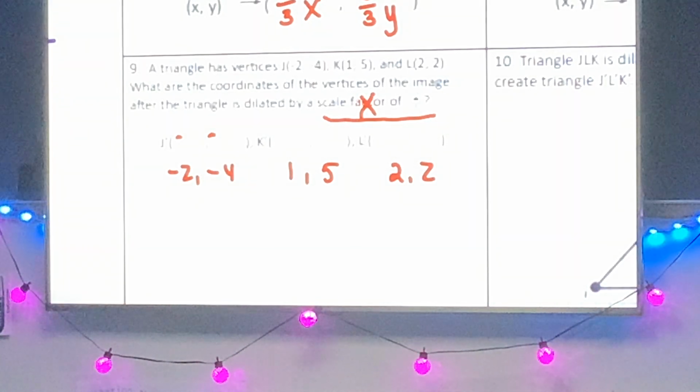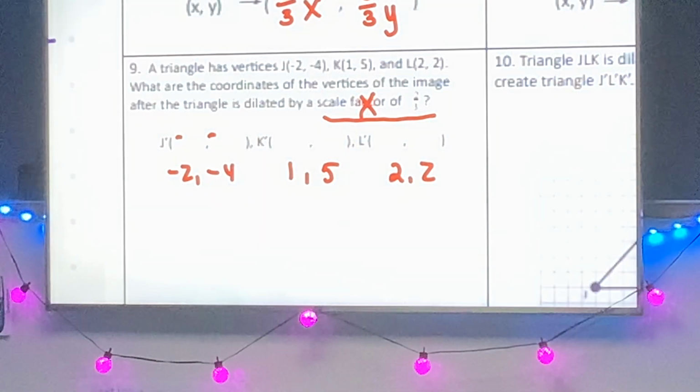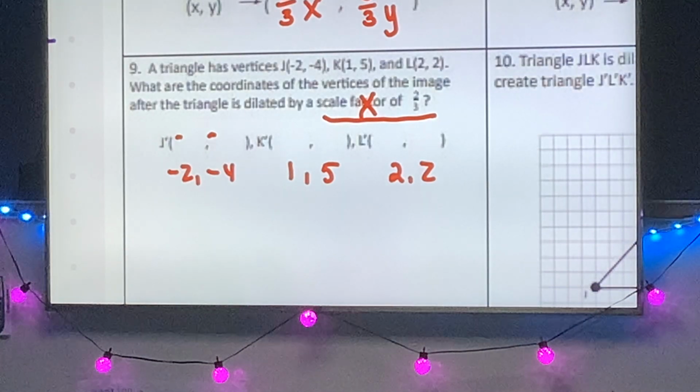You're going to pick up your calculator, and you're going to type in 2 times 2/3 and hit enter. 4/3. Everybody agree?